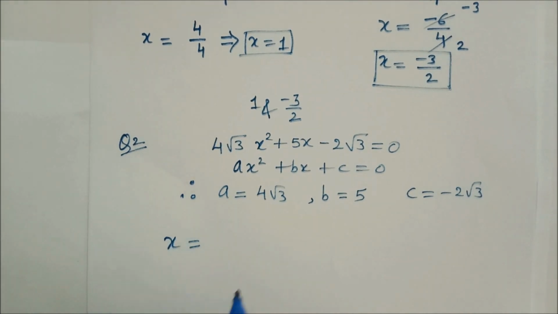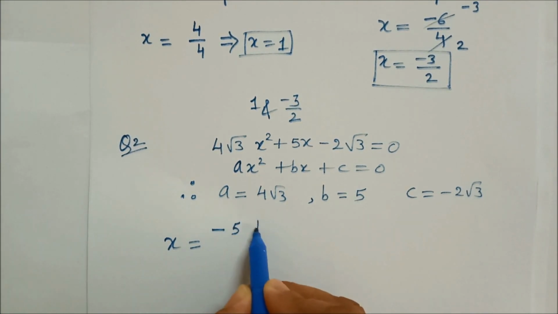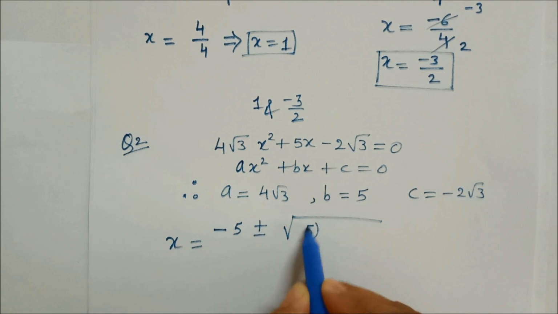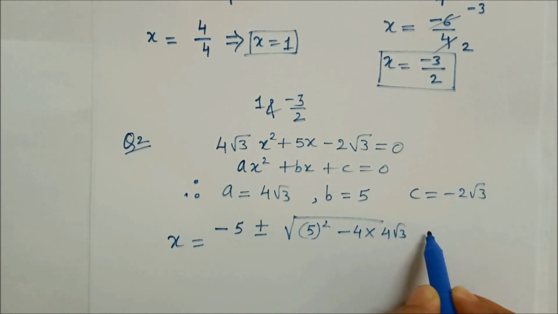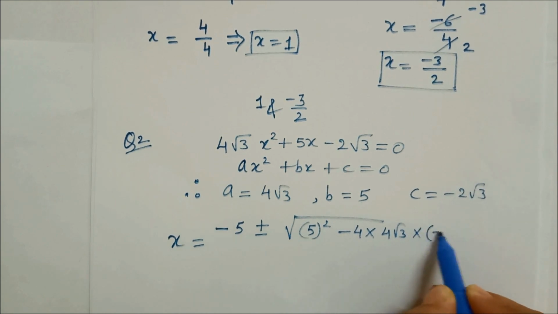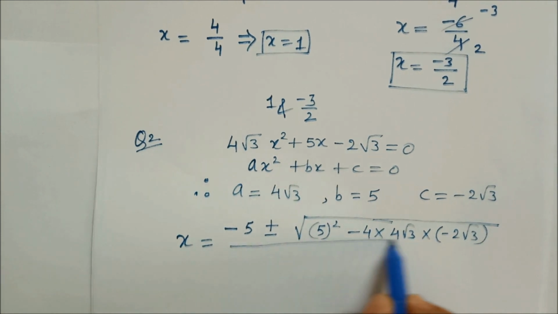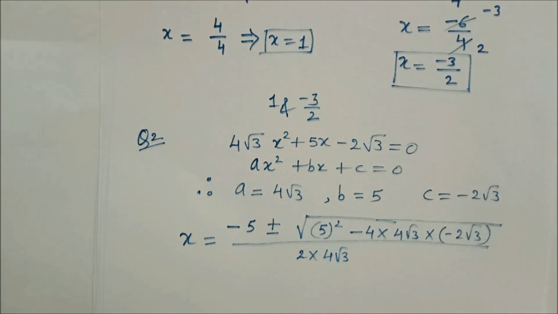x is equal to minus b plus minus under root b square minus 4ac upon 2a. The value of b is 5, so 5 square, minus 4 into a into c, where c is minus 2 root 3, upon 2a, 2 into 4 root 3.